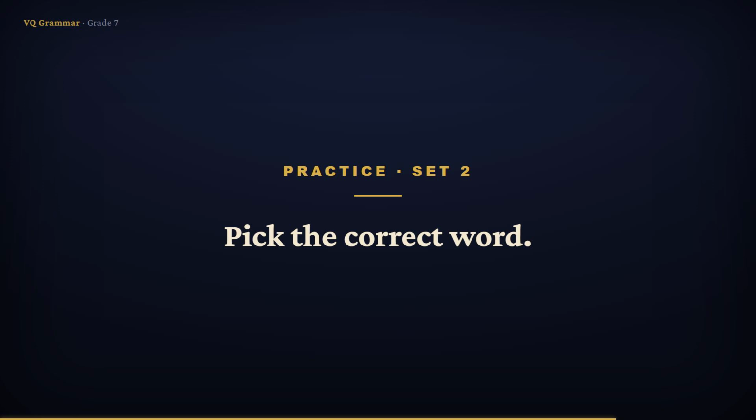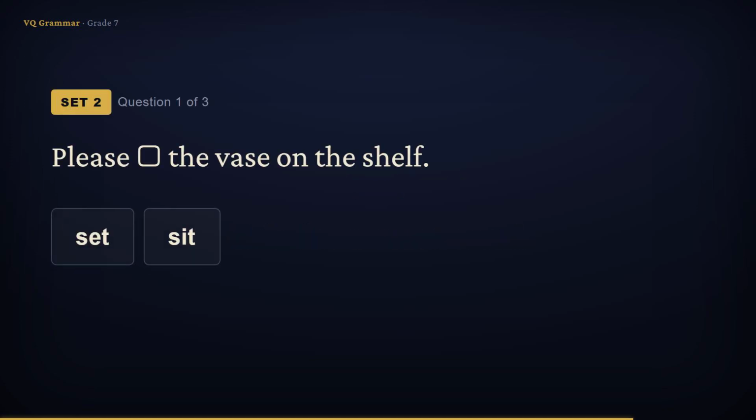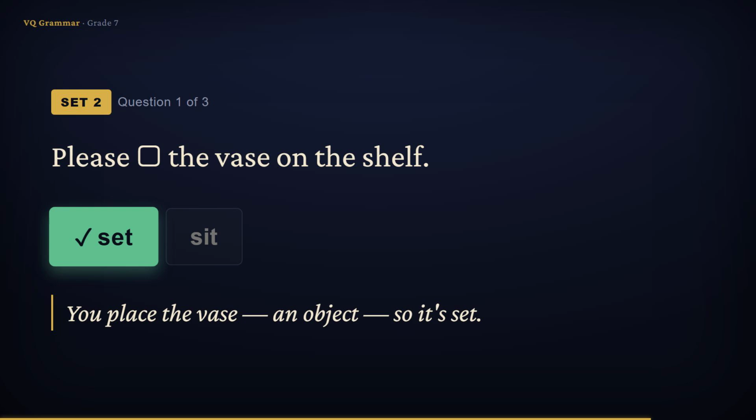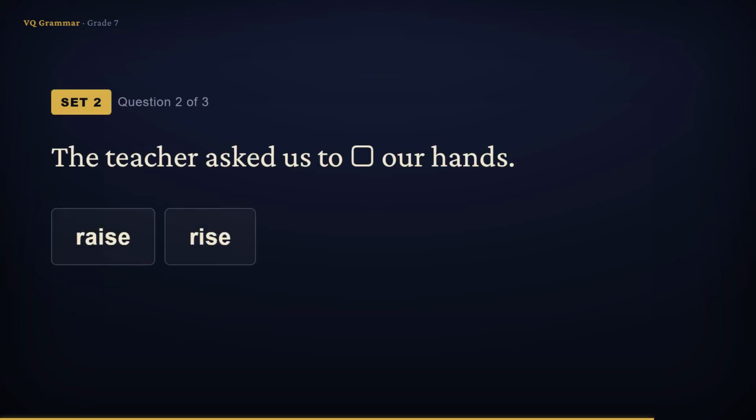In this second set, pick the correct word for each blank. Think about the exact meaning and about whether there's an object. Pause and choose before I answer. Please blank the vase on the shelf. Set or sit? You are placing the vase, an object, onto the shelf. Placing something is set, so the answer is set. The teacher asked us to blank our hands.